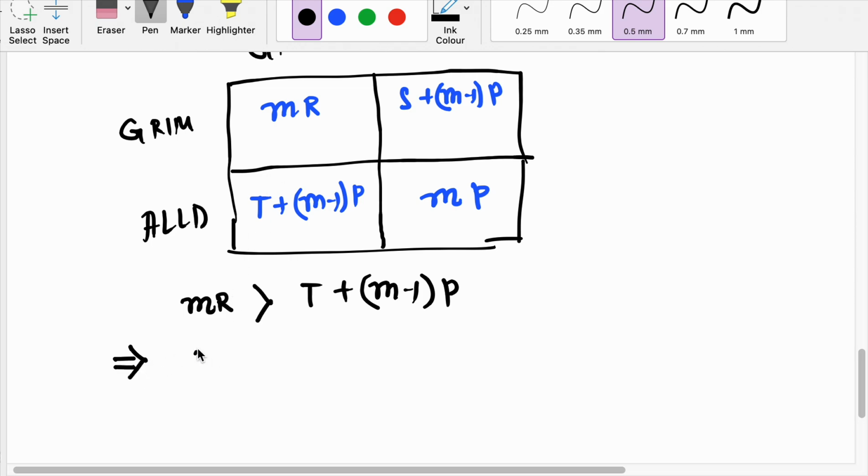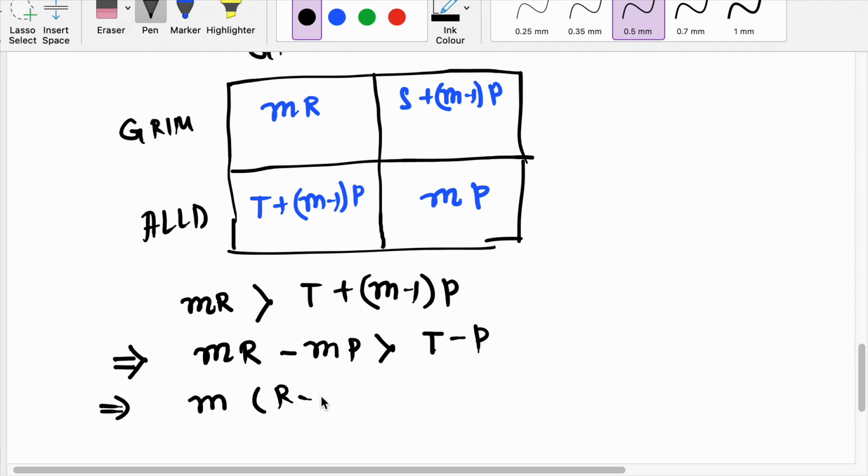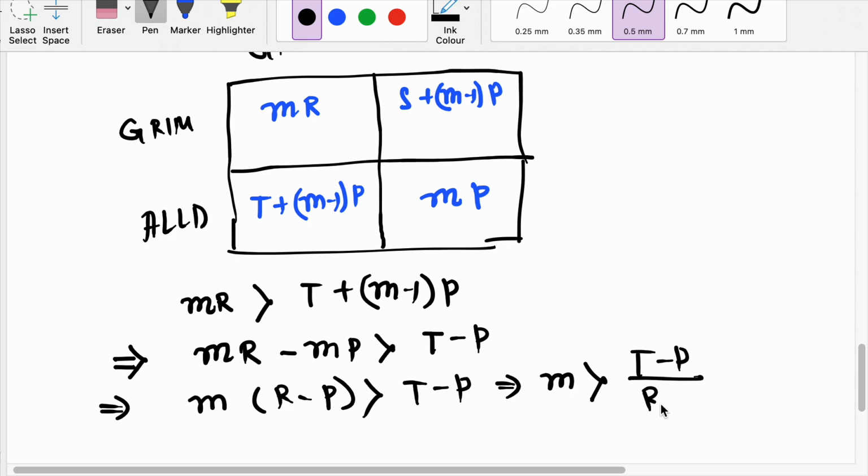This is the case when mR minus mP should be greater than T minus P, that means m should be greater than (T minus P) by (R minus P). Yes, indeed, we get Grim as a possible solution of the society. That means cooperation, Grim against Grim, is a possible cooperative solution if the number of interactions is more than this (T minus P) by (R minus P).